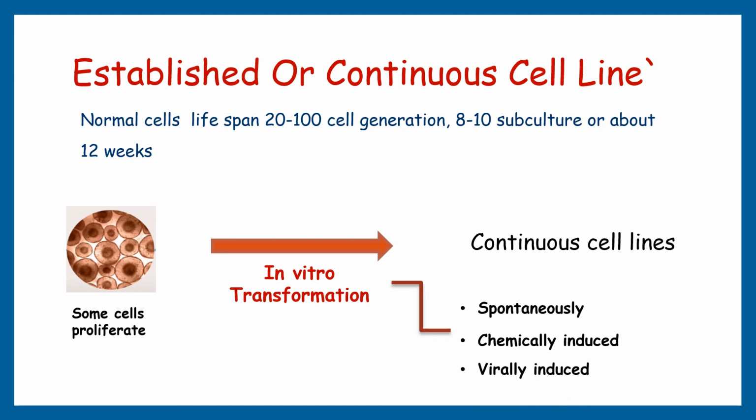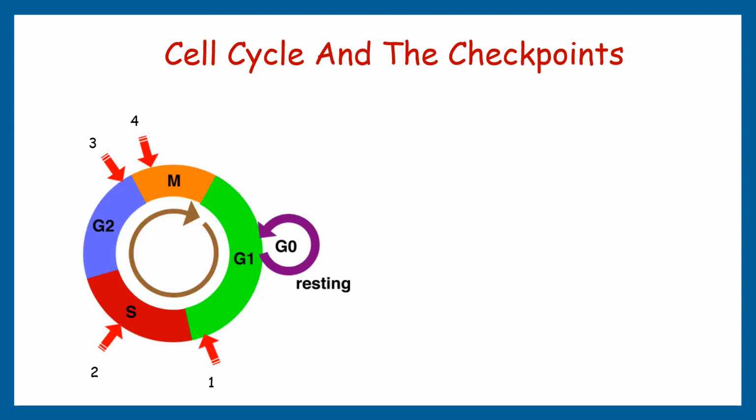The word transformation is used to describe this phenomenon because continuous cell lines have marked similarities with malignant cells and are often tumorigenic. The reagents or treatments which are responsible for in vitro transformation can target one of the checkpoints in the 5 phases of the mammalian cell cycle.